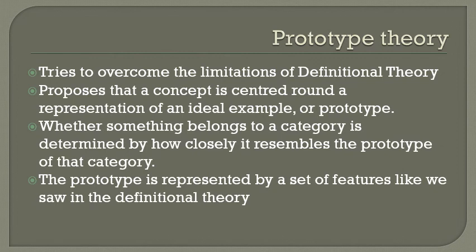The prototype is represented by a set of features, like we saw in the definitional theory. Just like the definition we constructed for every concept in the first theory, here also for every prototype we need to have a list of features.